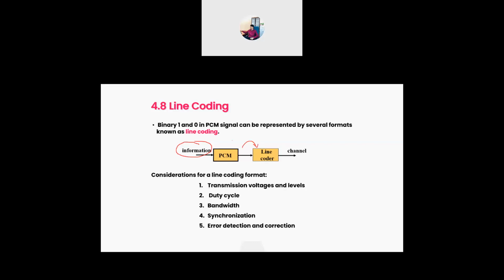Consideration for line coding formats: transmission voltage and level, duty cycle, bandwidth, synchronization, error detection and correction. So this is the consideration for the format of line coding.